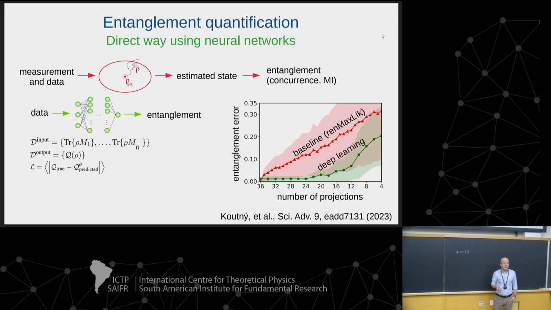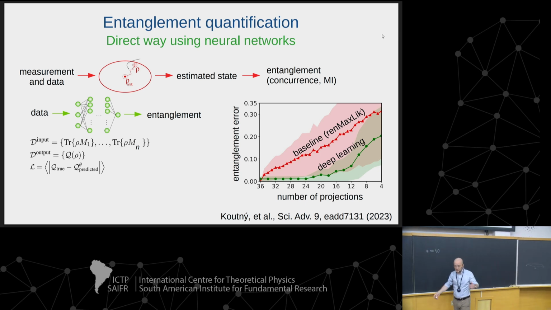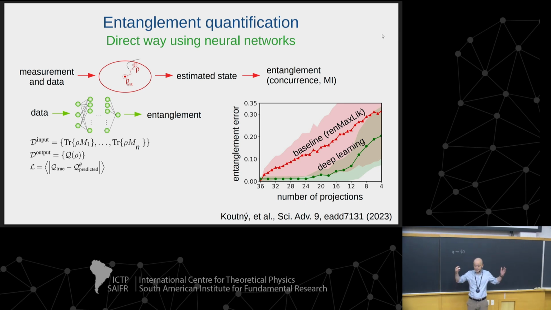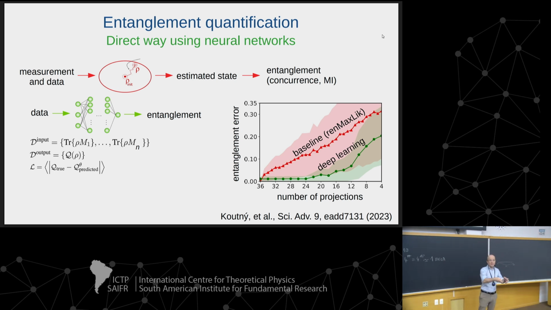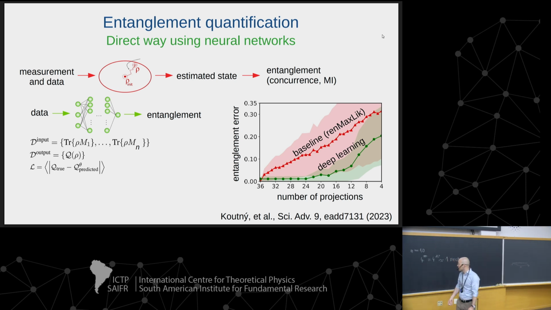A generic 10-qubit system is described by a density operator or density matrix, and the number of independent real parameters is around 1 million. 1 million real parameters are needed for describing such a system if we are interested in the full state description.